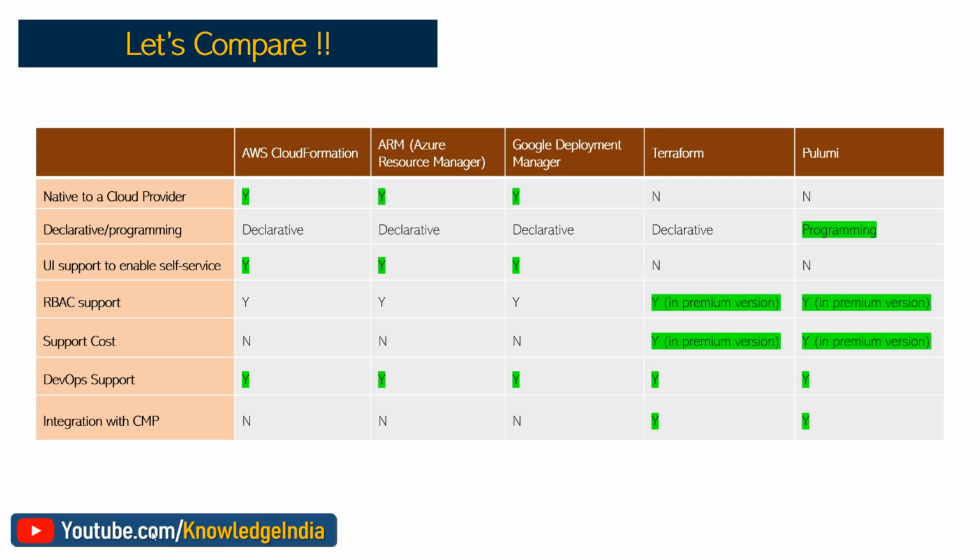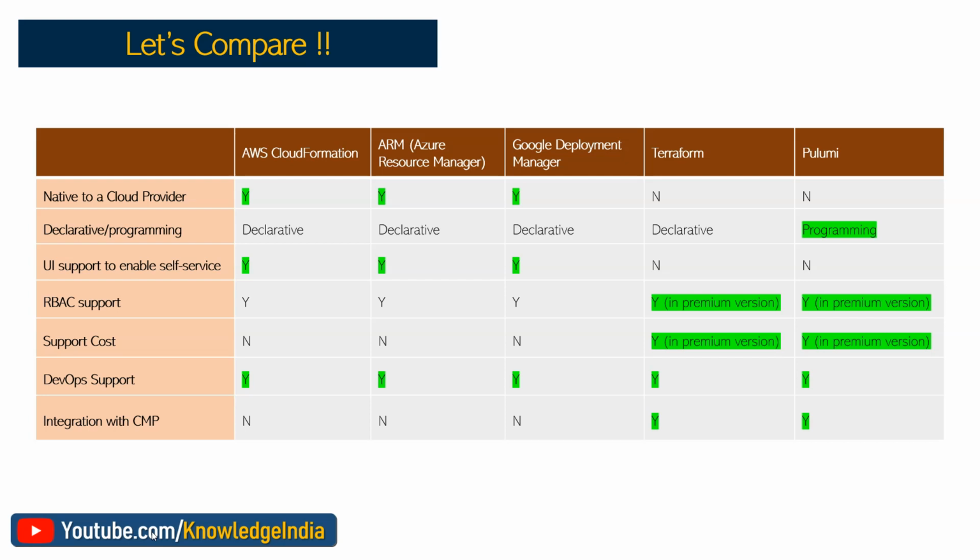So if you are looking at a CMP solution, there are high chances that most of the CMPs would be supporting Terraform and Pulumi, because these are more widely used infrastructure as code platforms.